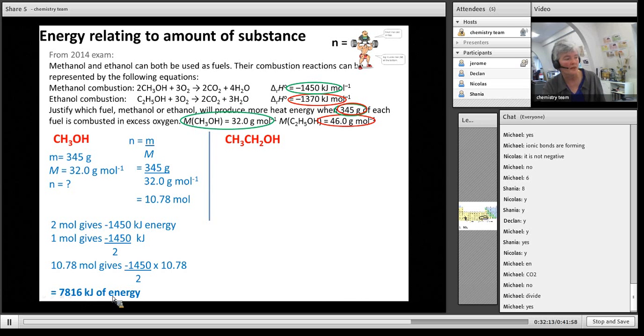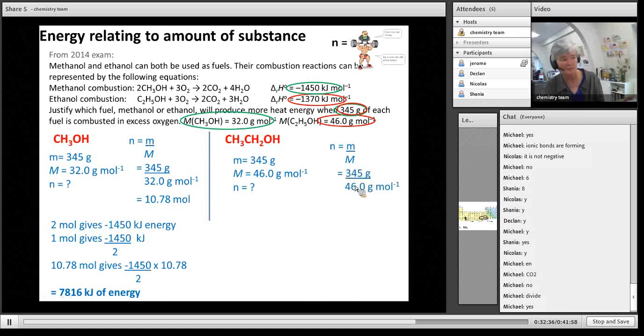Okay, and there I've used the right unit, kilojoules, because this is the amount of energy given off for a particular amount, not just for 1 mole. We do the same thing for ethanol, list the values, you could have even listed the heat value as well, and then we do the same calculation.